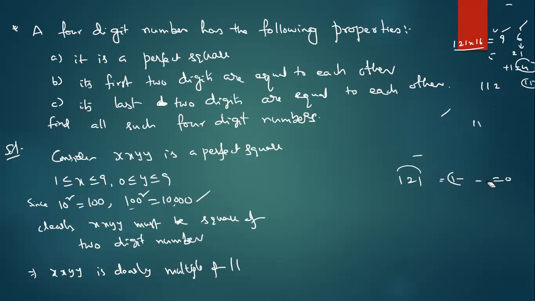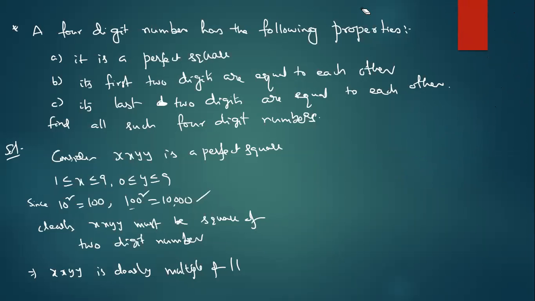Take any one example; we can verify. Choose any one number. How to verify? Suppose 7122, whether it is divisible by 11 or not, check it. Any number. Now, our concept here is that it should be a perfect square.